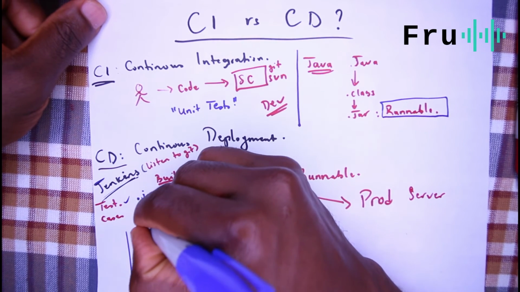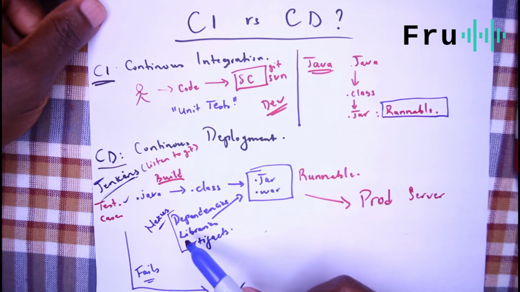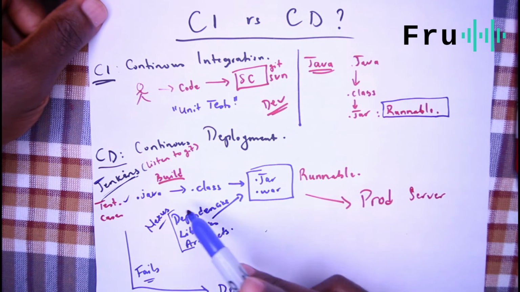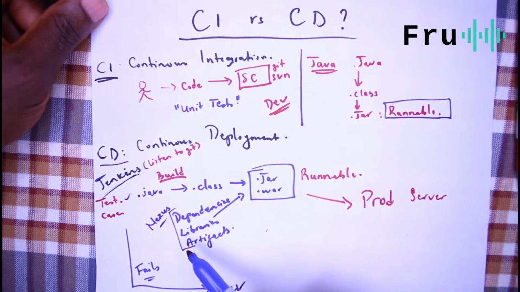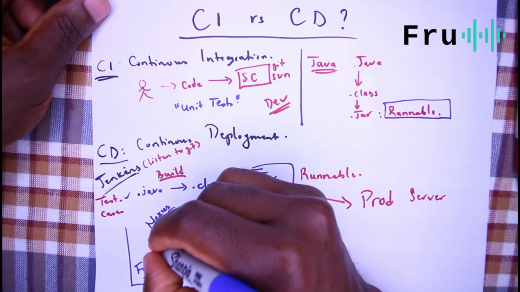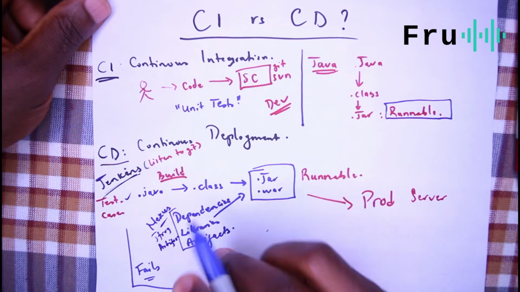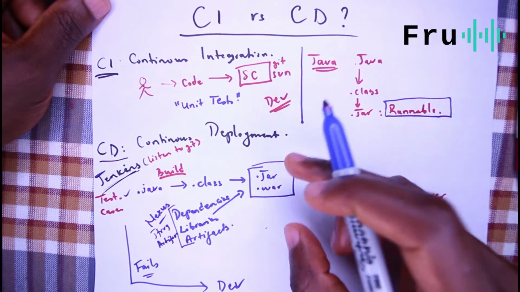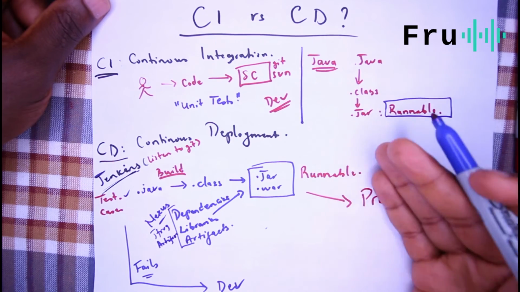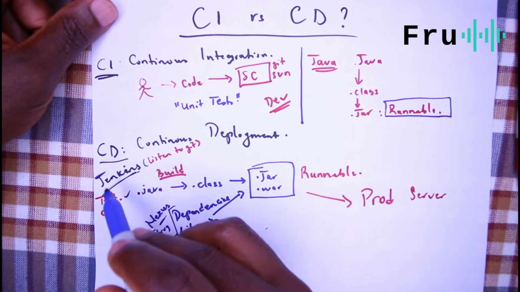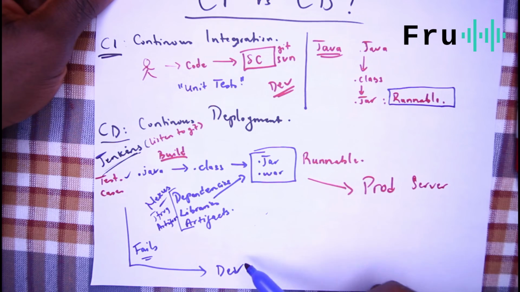Nexus is a popular one, and there are also Artifactory, JFrog, and many others out there, to pull your dependencies. It builds a runnable, and that's the runnable that can actually execute as an application. But if your test cases fail, you want to maybe notify somebody and then repeat the cycle all over.